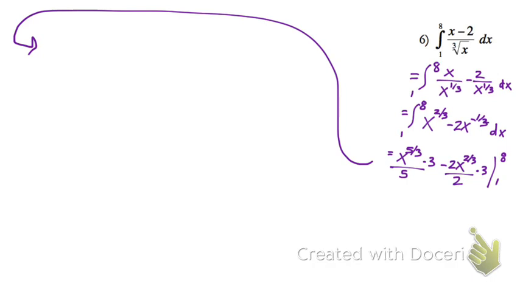All right, so if I rewrite this, this is 3/5 x to the 5/3 minus 6/2, which is 3 x to the 2/3, from 1 to 8.